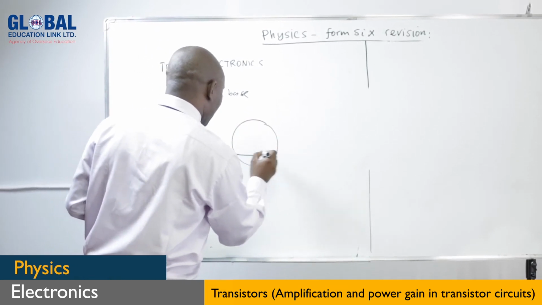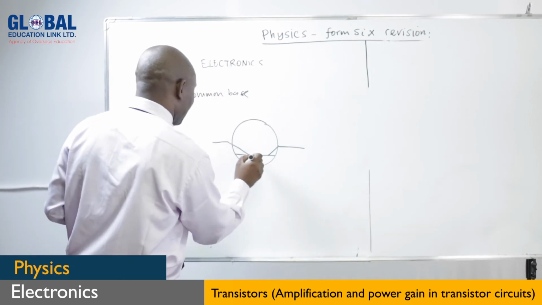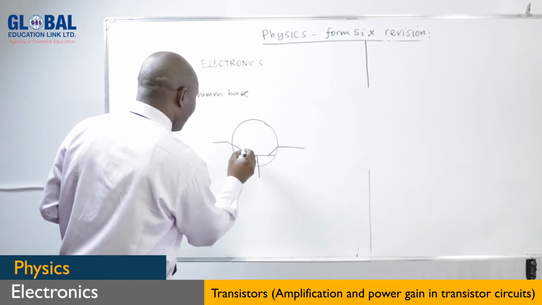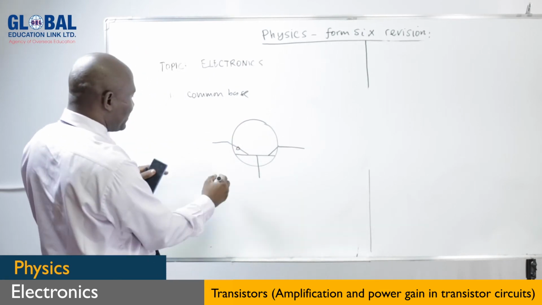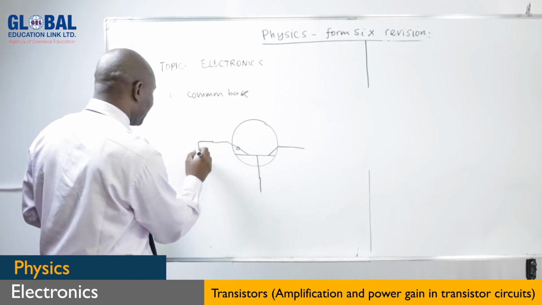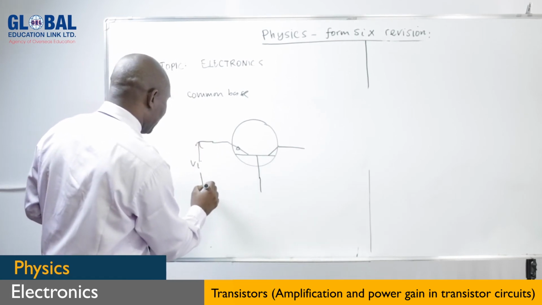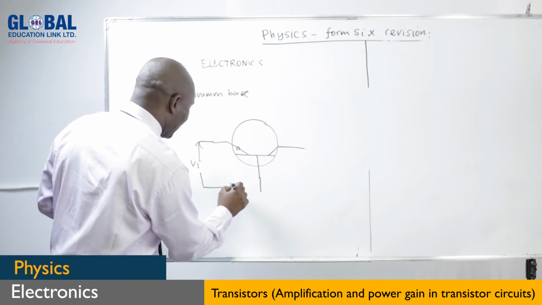Let's use the PNP. This is our PNP. This is the circuit where the input is applied here, and of course some voltage is supposed to be applied here.